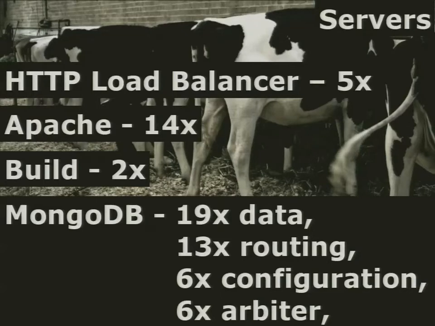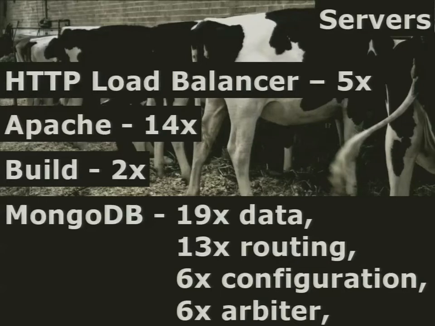Just to give you some initial information about it, we run our load balancers behind a feature that our hosting provider, which is SoftLayer, gives us, which is a global IP, and we can point that global IP to any server on our infrastructure.